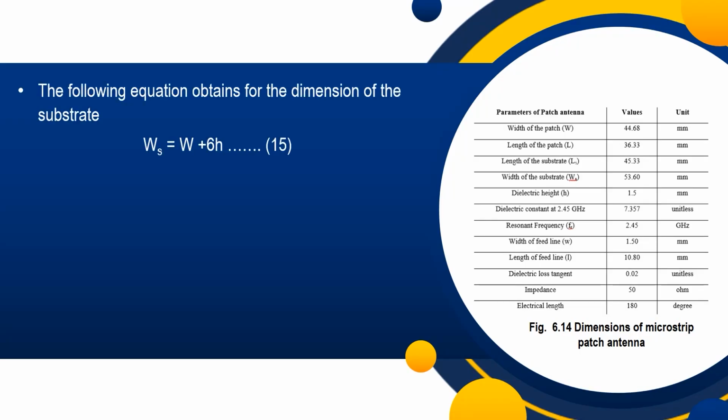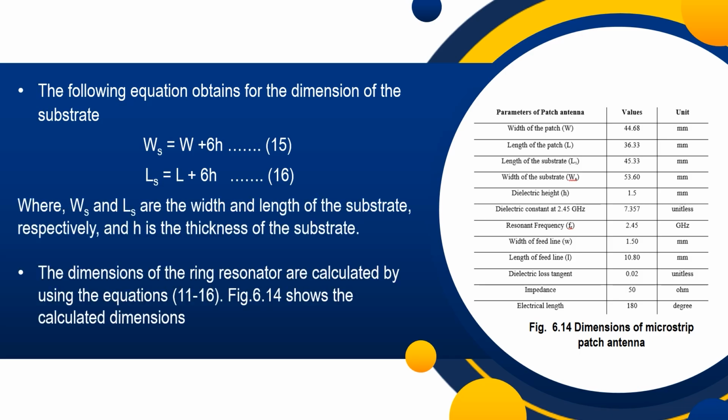In the first stage, we only developed a ring resonator, which was used for the verification of the dielectric constant. Once that is done, the next stage is developing the sensor, that is the microstrip patch antenna, and using the set of equations given from 11 to 16 over here, we can design a microstrip patch antenna.